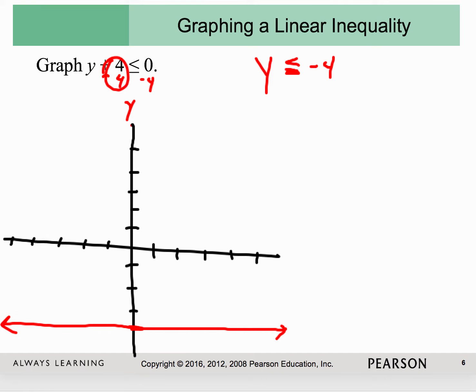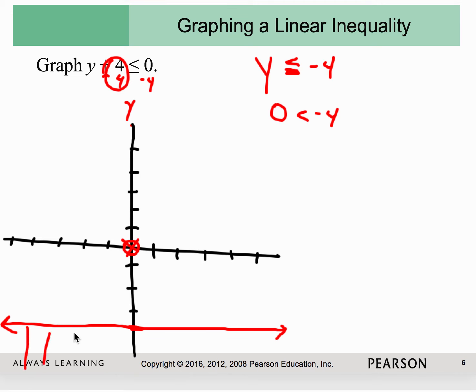Now I could also pick this point 0, 0 and plug in the 0 and ask myself, is 0 less than negative 4? No, it's not. So I don't shade this side, I shade the other. But when I get those special situations, I can also just think about what's less than negative 4.